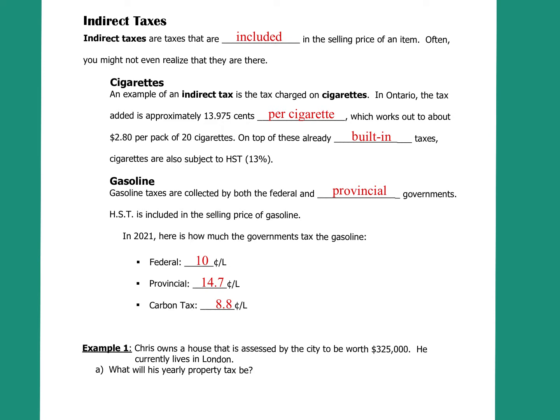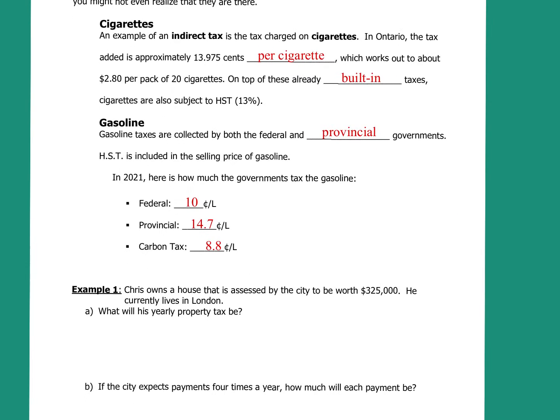So that works out if you're calculating what a pack of 20 cigarettes would be. That means about $2.80 of that would be hidden taxes. And then on top of these already built-in taxes, cigarettes also get HST. So we would calculate that on top of it. So there's quite a few taxes there for cigarettes.